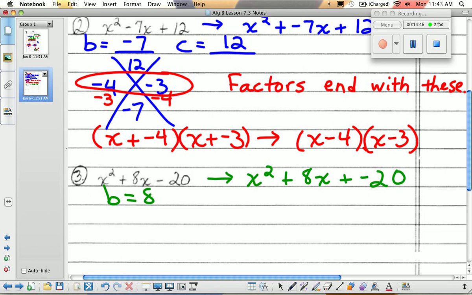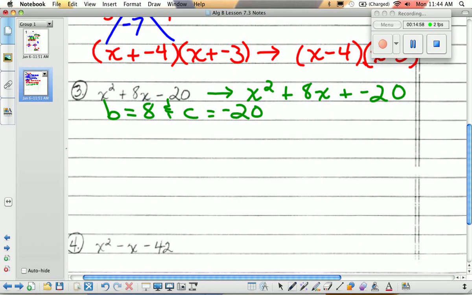What's our C value? -20. Why is that important? So you know where to put them in the diamond. So we make our X, which is going to qualify as our diamond. What's going up? Negative 20 goes up, and positive 8's down.